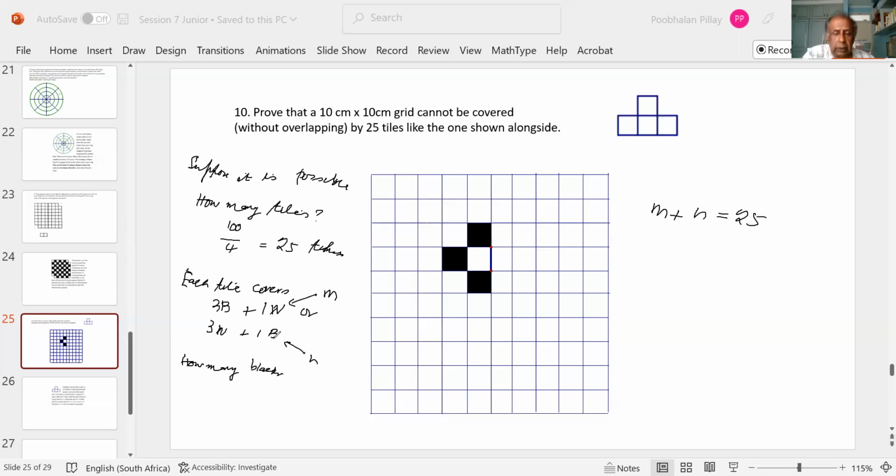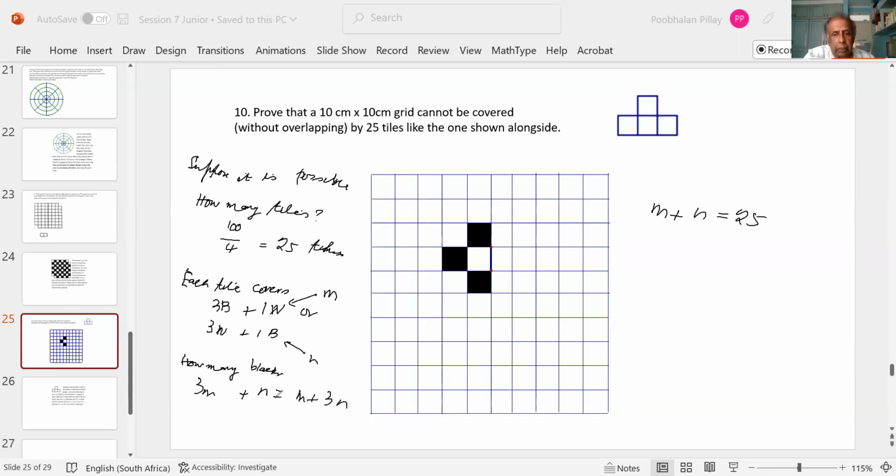Now let's count the number of blacks that are covered. The M tiles cover 3M blacks, because each covers 3 blacks, and each of the N tiles covers 1 black. So there are 3M plus N blacks covered. Likewise, you will have M plus 3N whites covered.